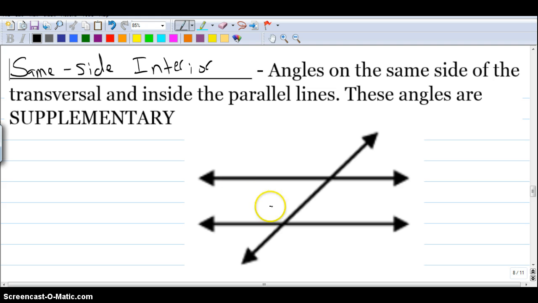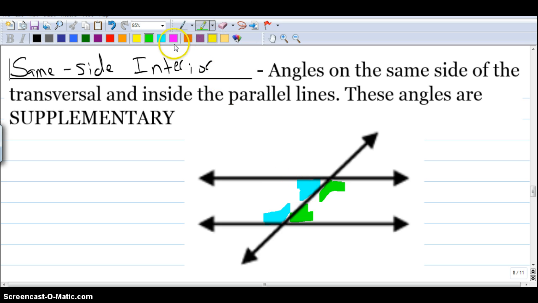So they have to be in here, on the inside. Here's the inside left. Here's the inside left on the bottom. There you go. Those are same side interior angles. On the right, also on the right, same side interior angles.